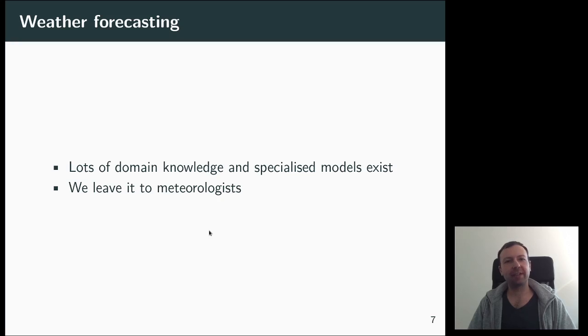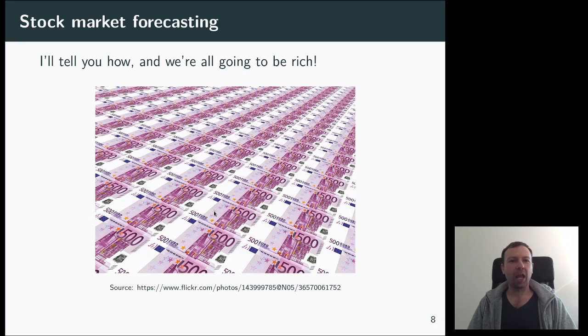And then I usually say, well, for weather forecasting, there's a lot of domain knowledge and there exist all these specialized models out there, so we leave that usually to the meteorologists. However, the stock market forecasting, yes, that's totally what I do. Just bear with me a little bit. I'm going to tell you how we do it, and we're all going to be rich in no time.